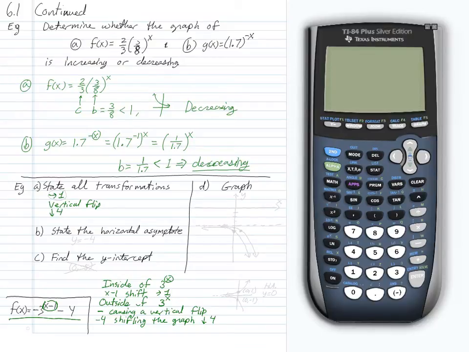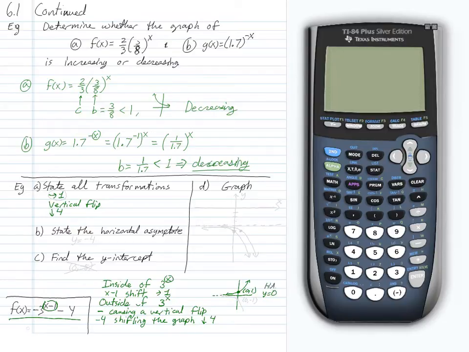Alright. Now our basic function, 3 to the x, has a base of 3, so this is going to be one of our increasing graphs. Normally we would have a y-intercept at 0, 1, and normally y equals 0, the x-axis would be our horizontal asymptote.